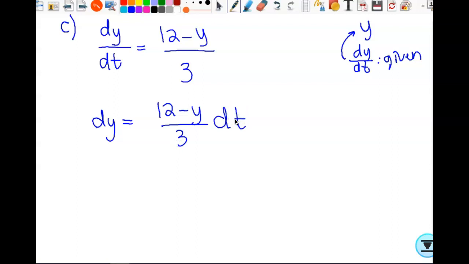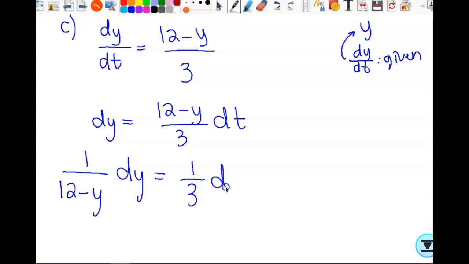Divide by 12 minus y. So if that quantity is in the numerator on the right side, it'll be in the denominator over on the left side. 1/3. Be careful, because a common mistake is, once you move that, people forgetting that 3 is still in the denominator. Okay? Now what?